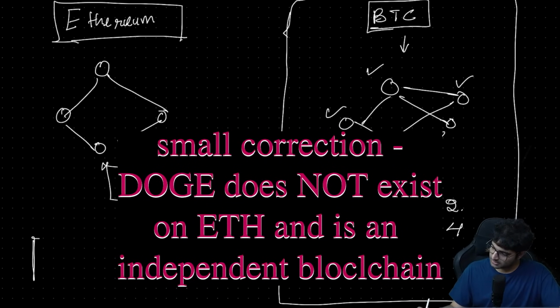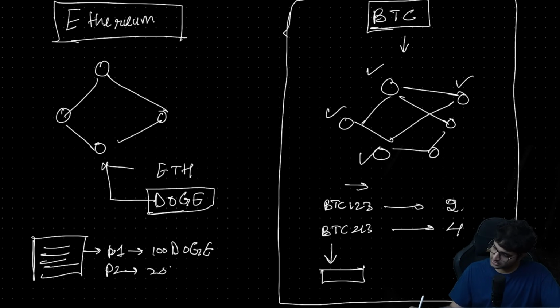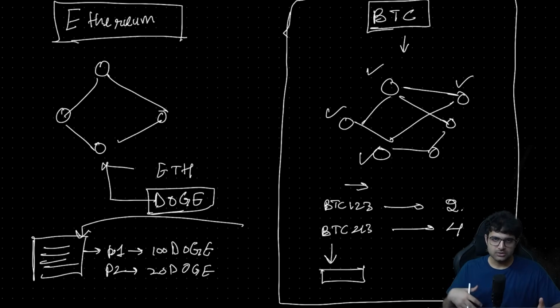It is actually a smart contract that someone wrote, which simply said person 1 has 100 Doge, person 2 has, let's say, 20 Doge. And anytime people interact with this smart contract, they can convert from ETH to Doge, let's say, or Doge to ETH.